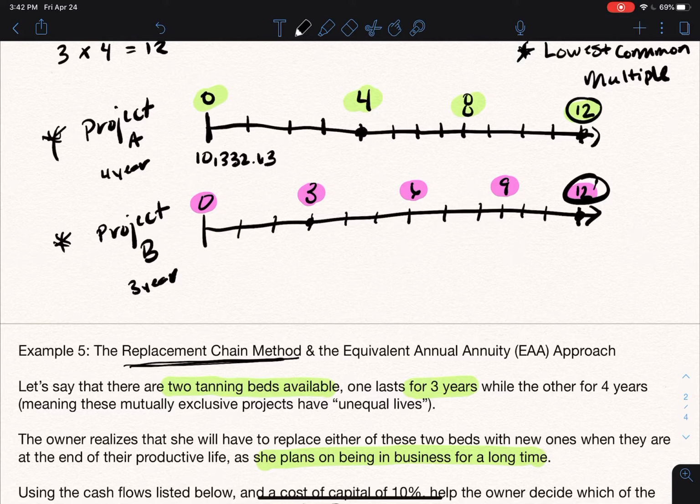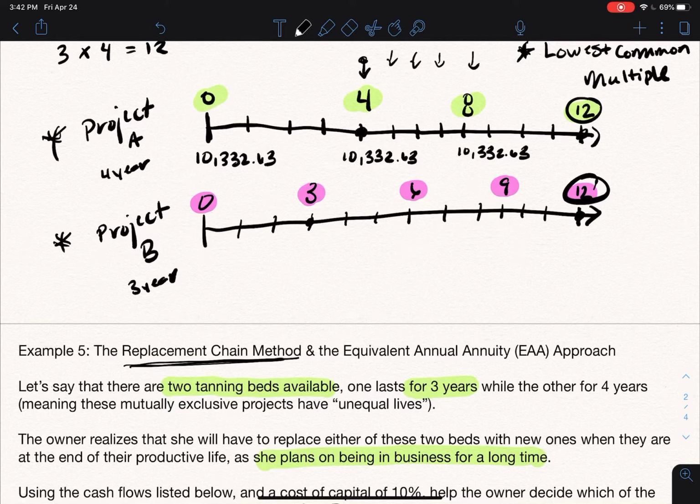If we use our common sense, when we replace it at year 4, the net present value at year 4, looking forward in time to year 8, is still going to be the same. If we were to spend $10,000 here and then have the exact same cash flows for the next 4 years, then the net present value at time 4 would also be $10,332.63. And we can use the same logic to say that the net present value at year 8 would be the same once again.